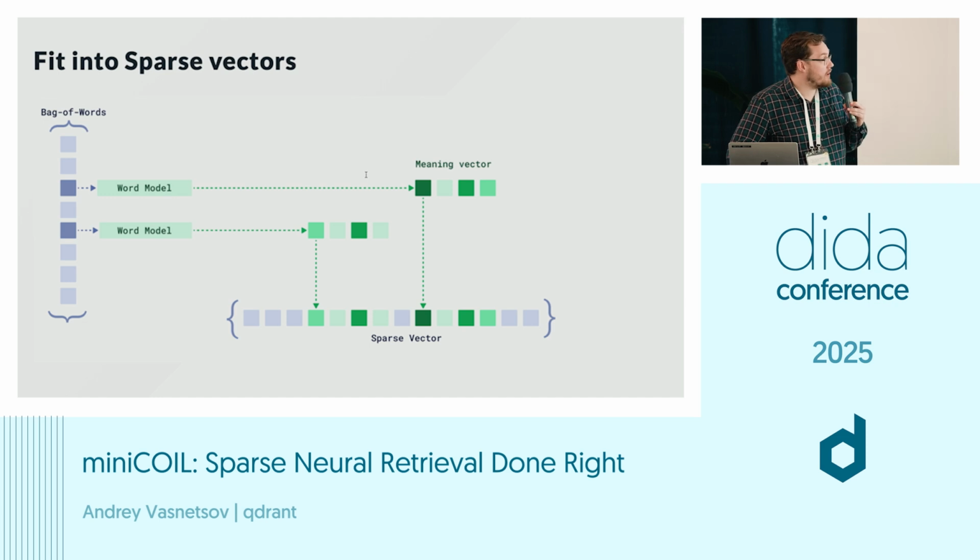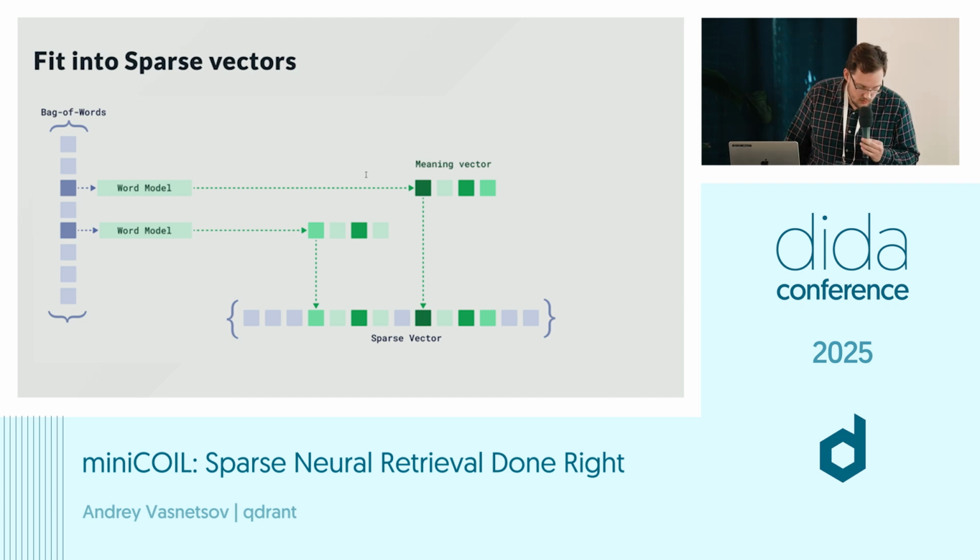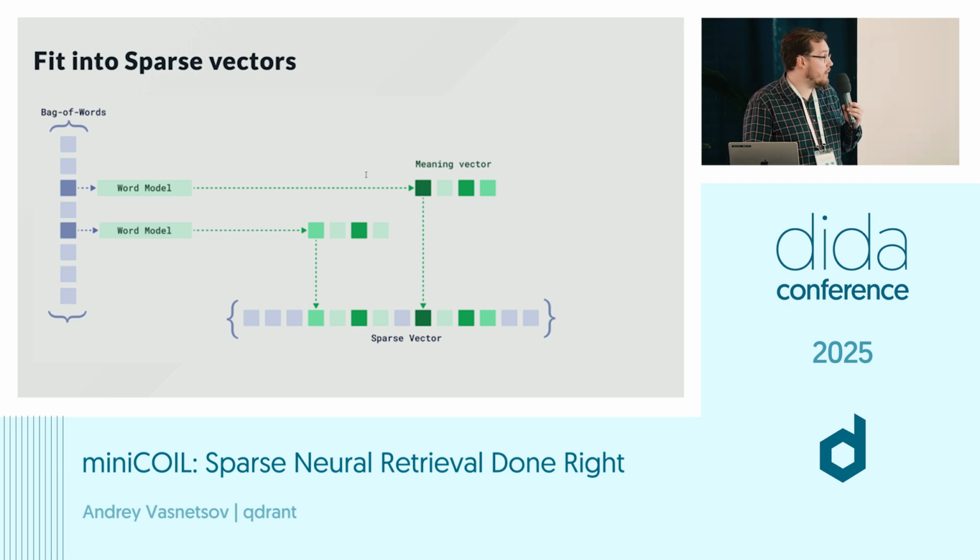Interesting part is how we actually make use of those small embeddings. They cannot be used directly as dense embeddings inside vector search because they cannot be compared to each other, but they can be used as a part of sparse vectors. And here is a small diagram which shows how it's done. So basically we took the original bag of words.